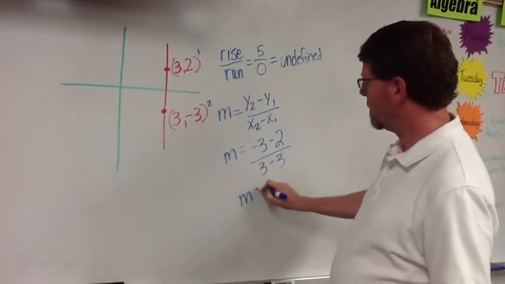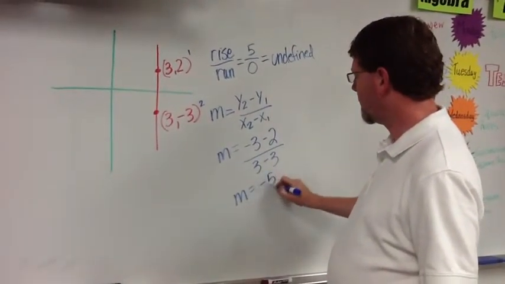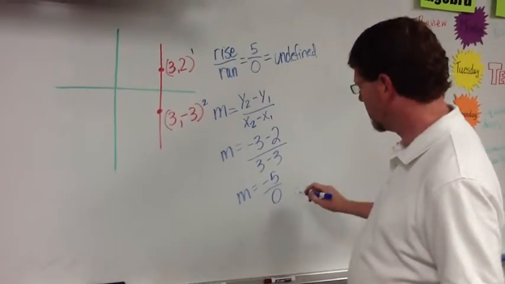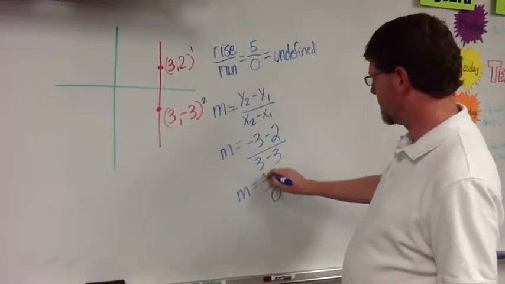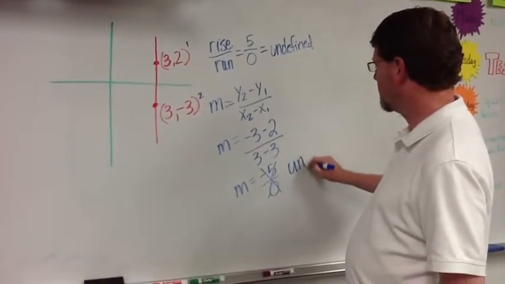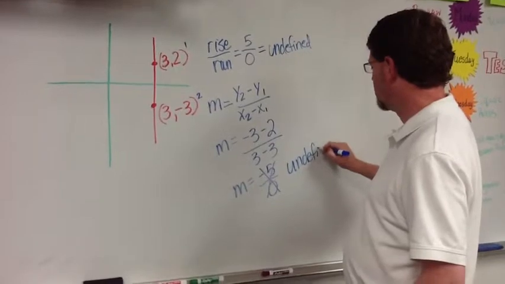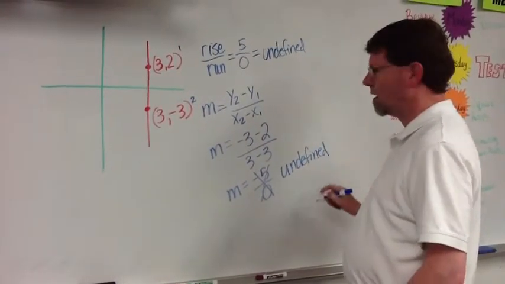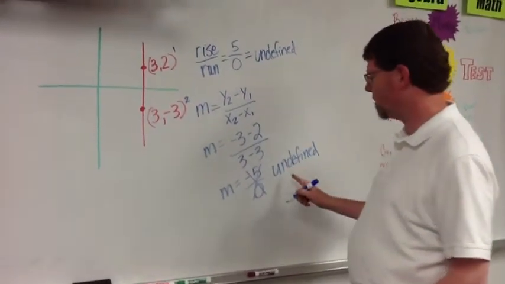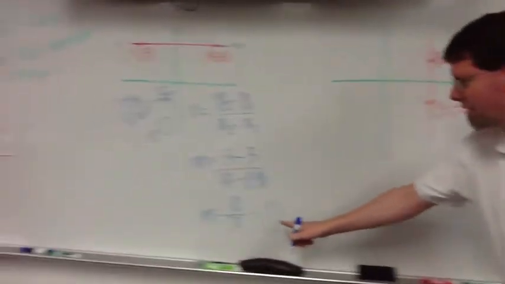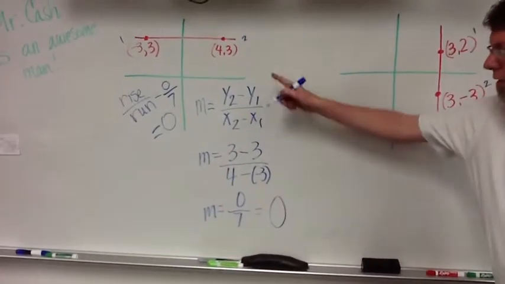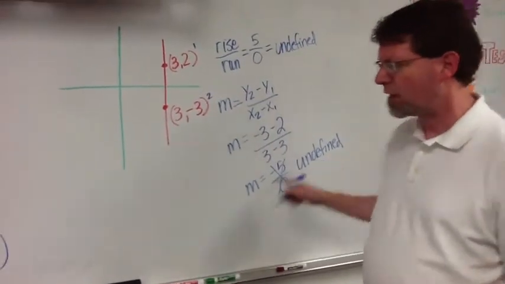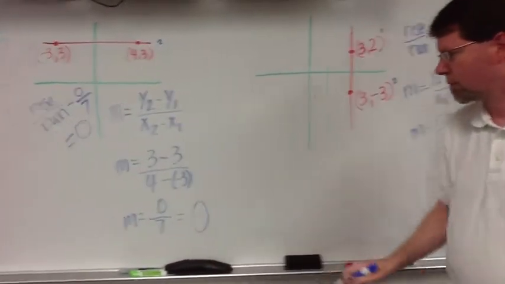So M equals -5 over 0, which we can't do because that's not possible, so the slope is undefined. Now make sure that you know the difference between undefined and 0. It is okay to have a slope as 0 and undefined, but they do not mean the same thing.